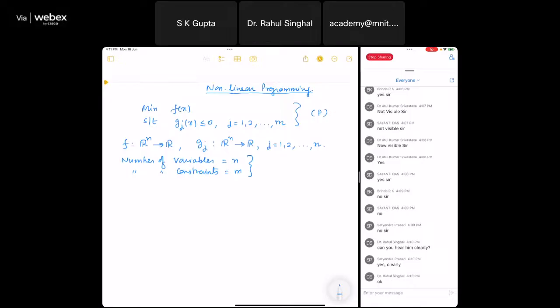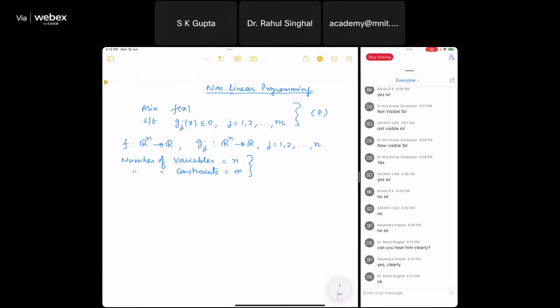Of course, we cannot have a single method to deal with all nonlinear programming problems, but there are some problems which we can handle easily using some techniques analytically. However, some online software is available by which we can easily find the optimal solutions. But there are also some analytical methods by which we can solve some nonlinear programming problems. Some specific ones, not all, right?